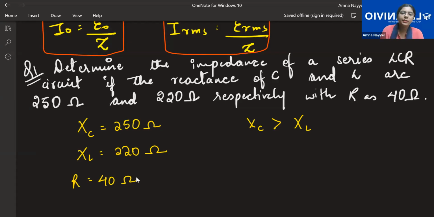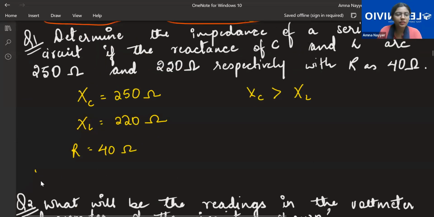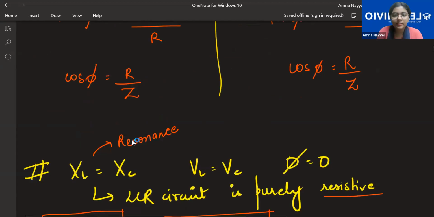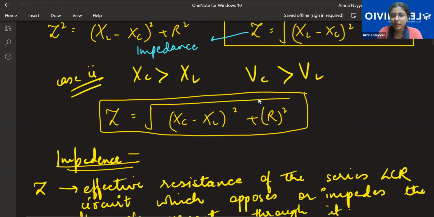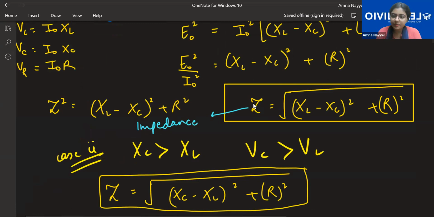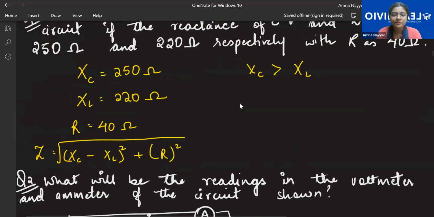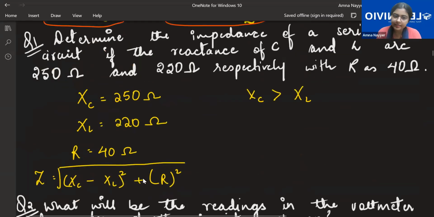Impedance Z is equal to under root XC minus XL whole square plus R square. Whenever you are specifying these equations, don't write the cases, just write that since XC is greater than XL, this is the equation. Okay, so let's put it.